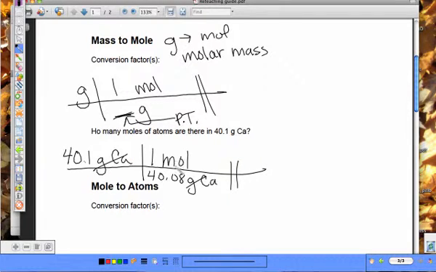We're left with moles, and they're asking for moles. So do we multiply or divide? Divide. Should be pretty close to 1, because 40.1 divided by 40.08 should be pretty close to 1. 1.000 something, so we'll just say 1.0 moles of calcium.